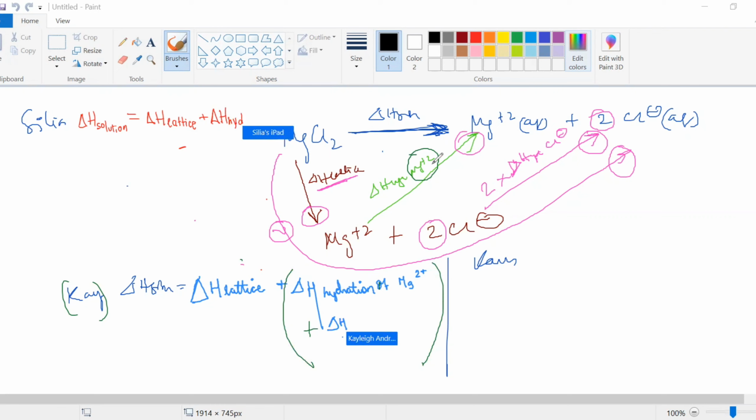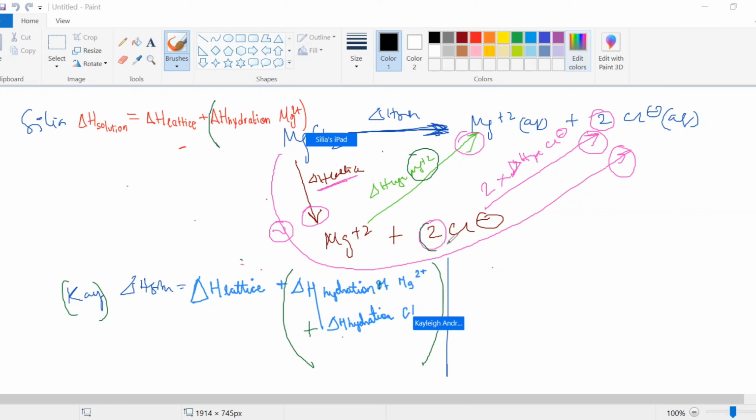Celia, where are you struggling? Please tell me. Kavya, what happened? Kavya, write down. My pen isn't working, understand. Okay, no worries. Delta H hydration of Mg2+, and how many Cl-? 2 moles of Cl-, so we multiply this by 2, plus 2 moles of Cl- hydration.